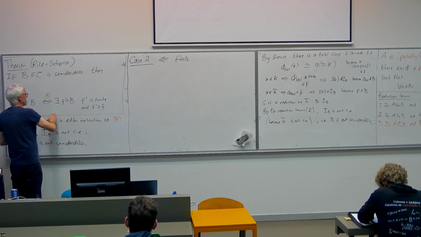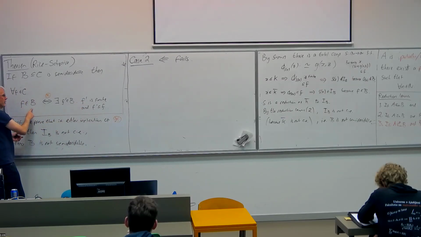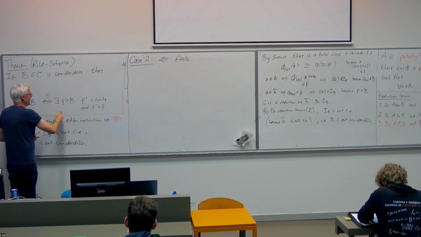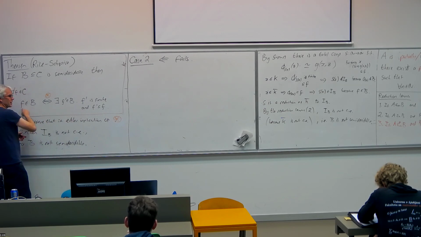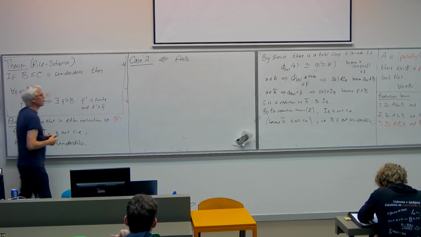So we have some finite function and a superfunction of it such that the finite function belongs to B, but the larger one does not belong to B.